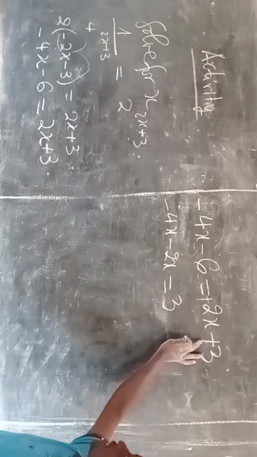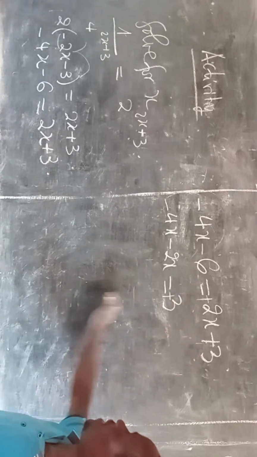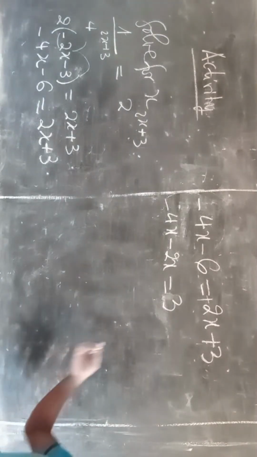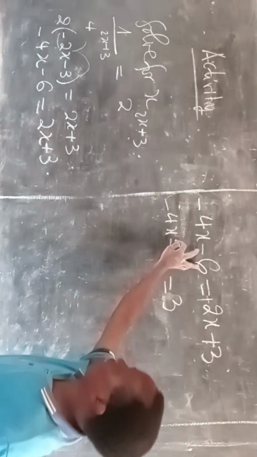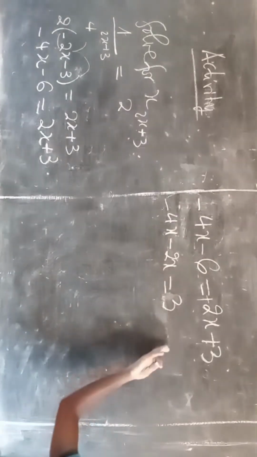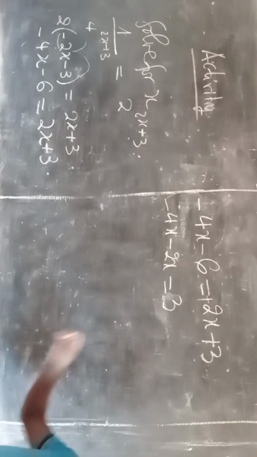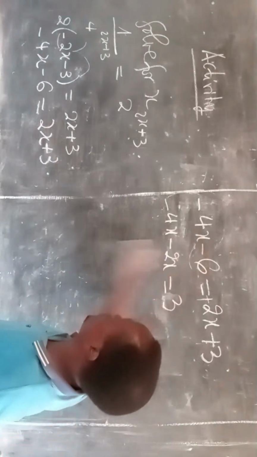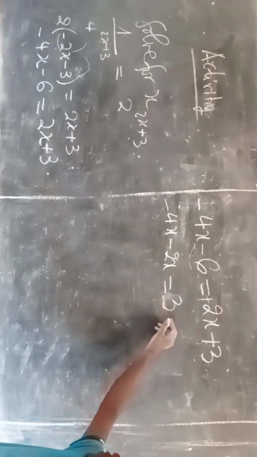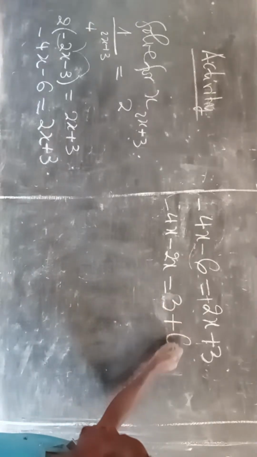You have to write this 3. And this minus 6, which is in the first member, goes to the second member, means that the sign it has in the first member will be changed into positive. Now we remain with plus 6.